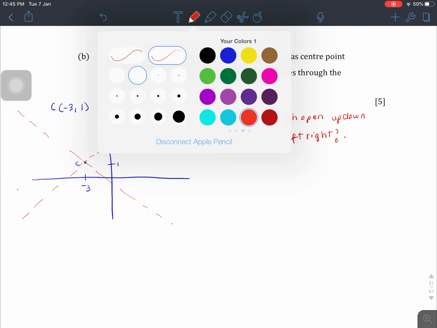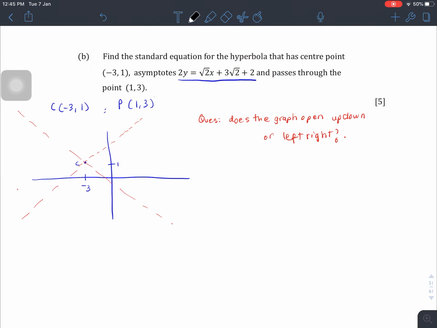This is where this particular point is important, because the point is (1, 3). The 1 for sure will be inside over here, but where does the 3 lie? Whether the 3 lies here, or whether the 3 lies on top of it.